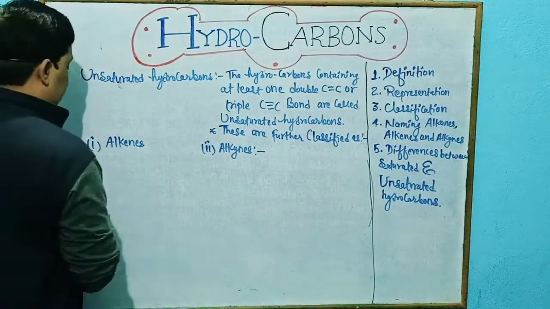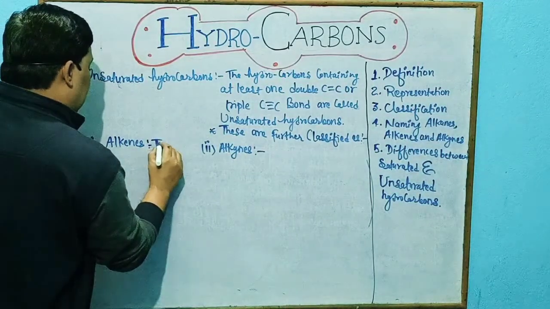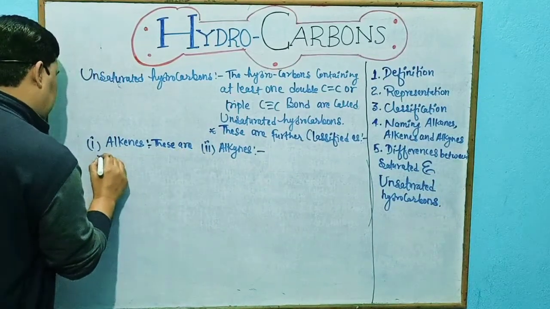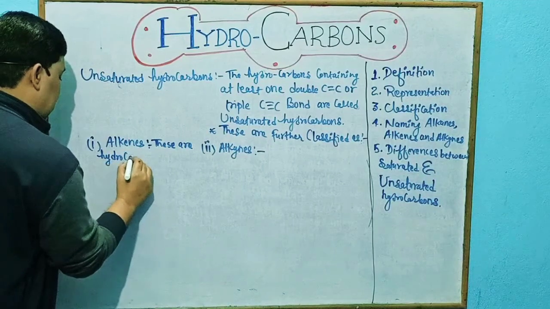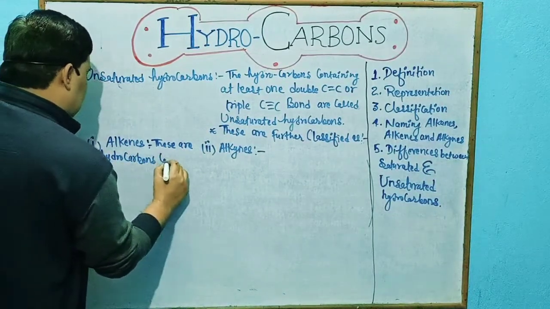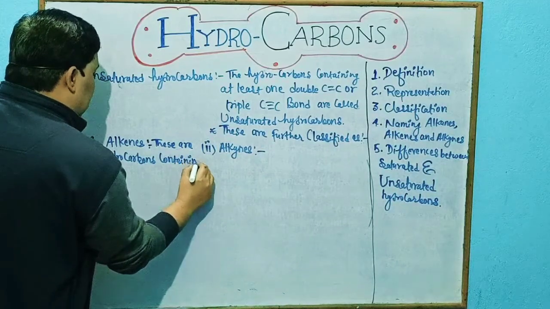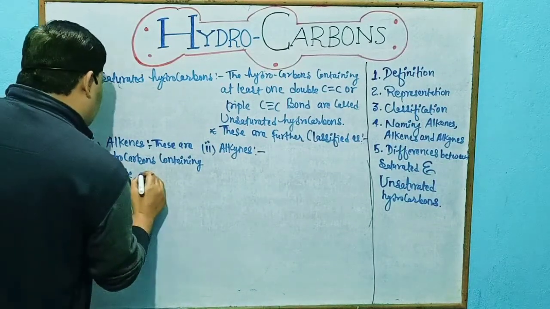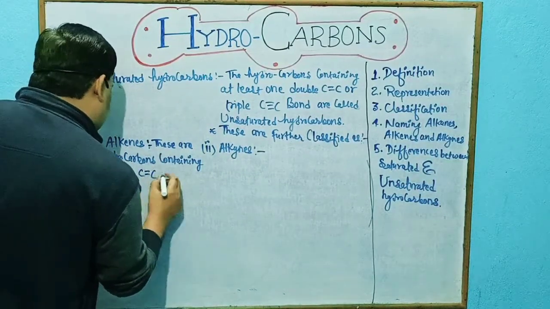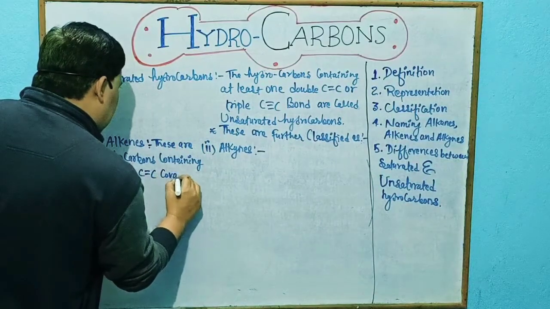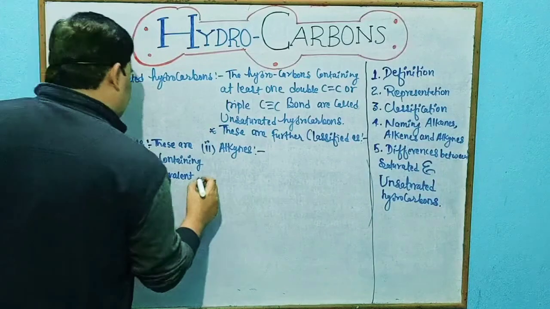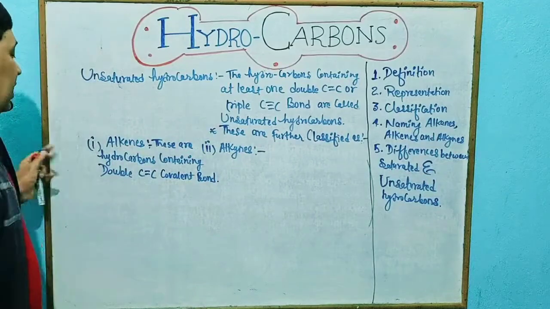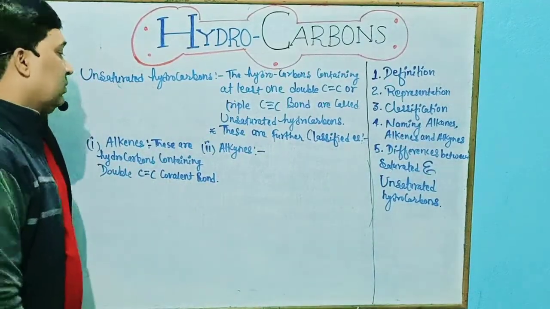Alkenes are the hydrocarbons containing double covalently bonded carbon atoms, that is, a double C-C covalent bond.